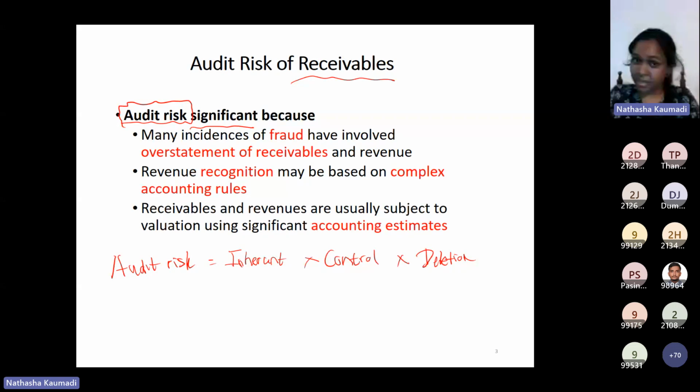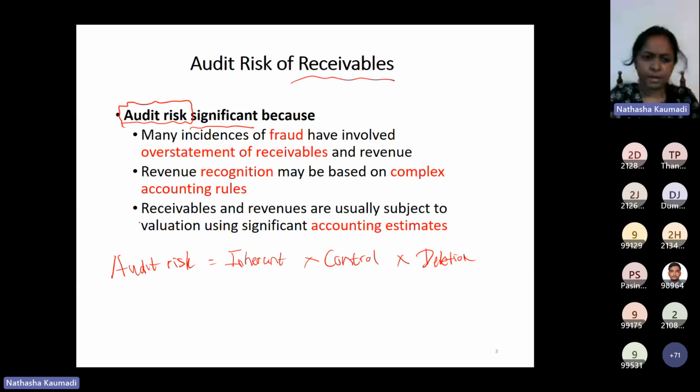And as a result of taking revenue as a fraud caption, trade receivables are also very risky. So that is the first reason. Audit risk is very high for those two captions. Captions in the sense trade receivables, accounts receivables, and revenue.